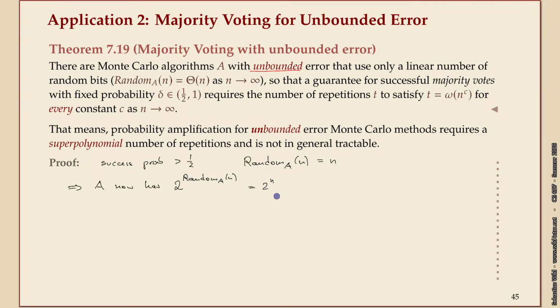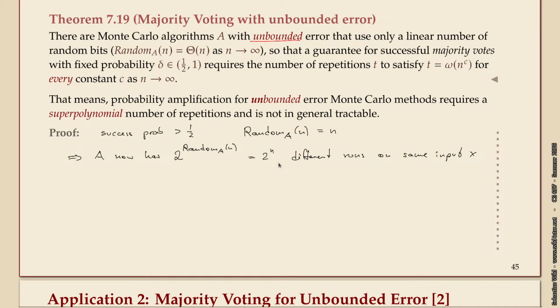So here it would be 2 to the n different runs for the same input, depending on the random bits. And of course, these are equally likely the way we define things, so each has probability of being chosen 2 to the minus n.